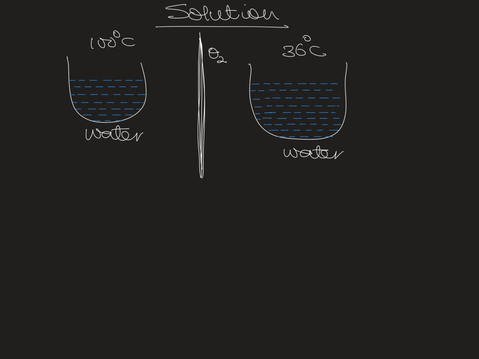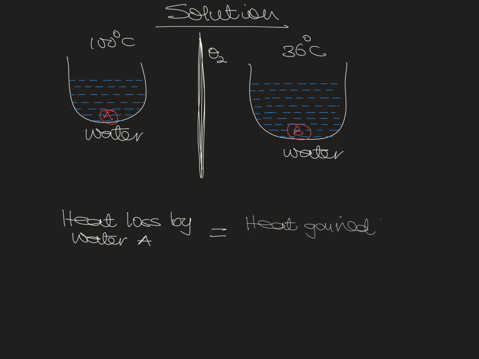We can call this water A and the water that is here B. The heat loss by water A will be equal to the heat gain by water B. This is always an important law in thermodynamics. The heat loss by one substance must be equal to the heat gain by the other substance.